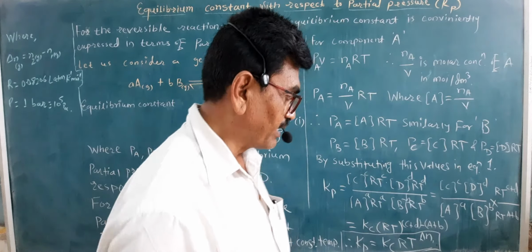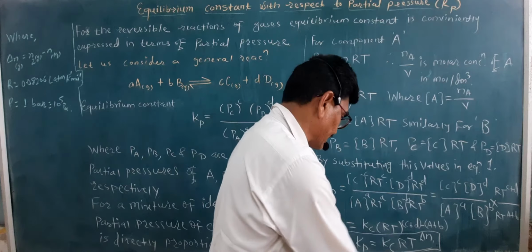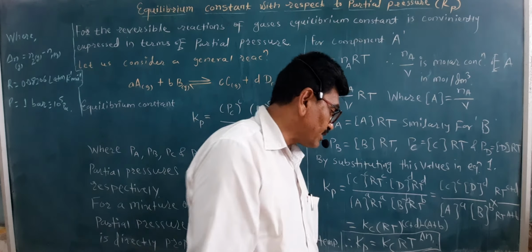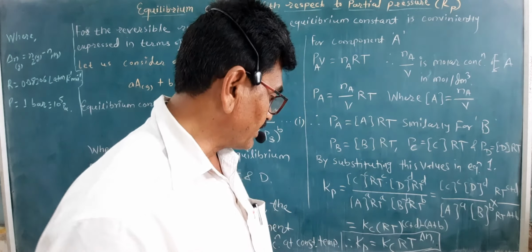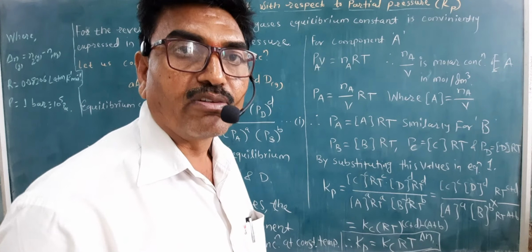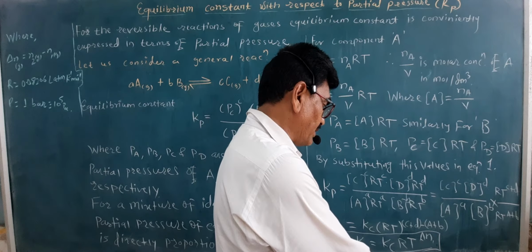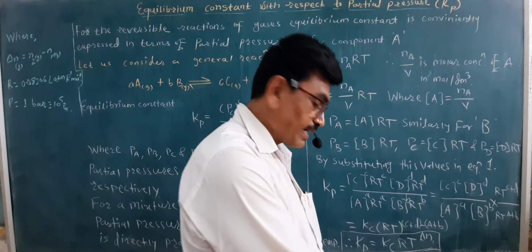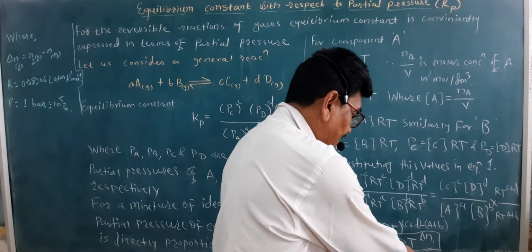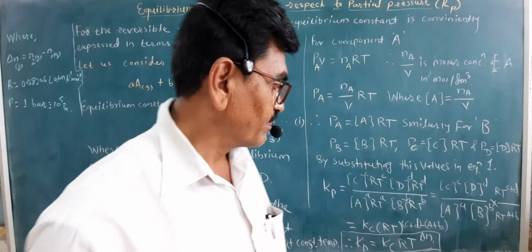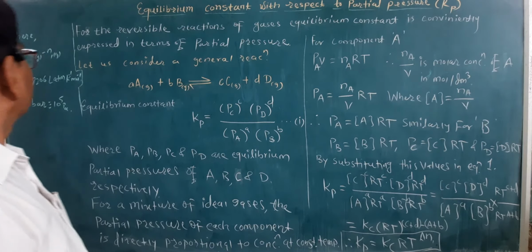Now see, that is what we can use here, delta N, and we will get such type of equation here: KP is equal to KC RT delta N. So that gives the relationship between the equilibrium constant Kp for the gases and equilibrium constant Kc for the reversible reactions of solids and liquids. So we will have such type of relationship. Kp is equal to Kc RT delta N. Where delta N is nothing but the change in number of moles.